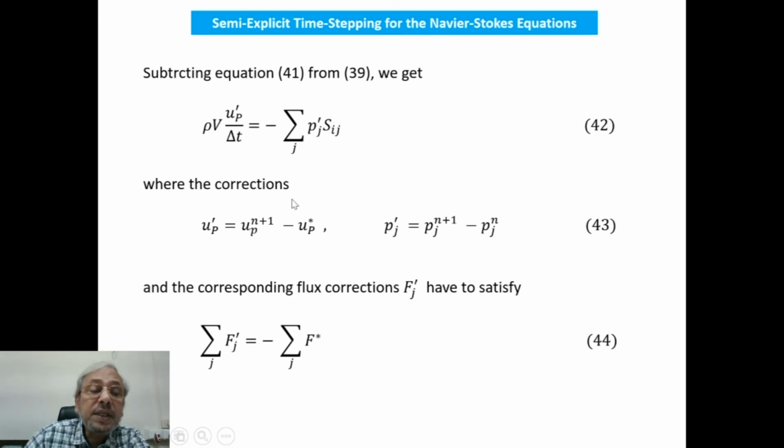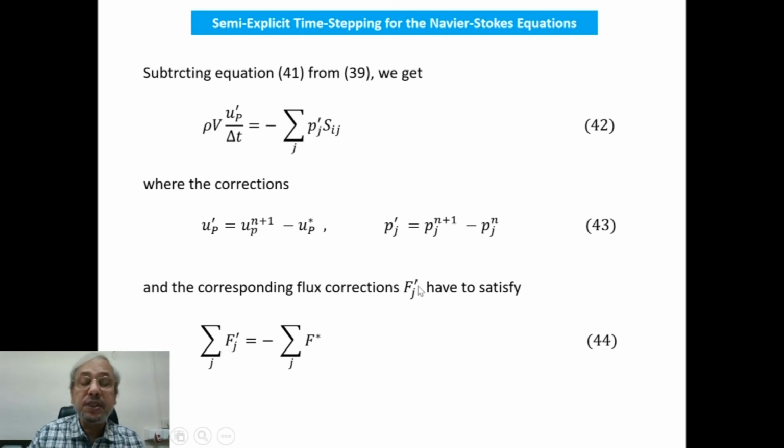Where the corrections are, exactly what I said, we can call it velocity correction, and this as pressure correction. So UP prime is UP n plus 1 minus UP star, and P prime is basically P n plus 1 minus P n. P prime j is P n plus 1 j minus P n j. And the corresponding flux corrections.